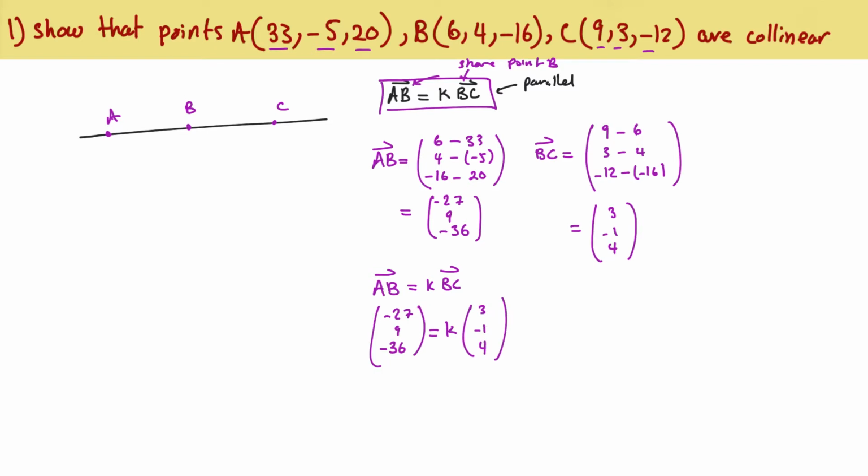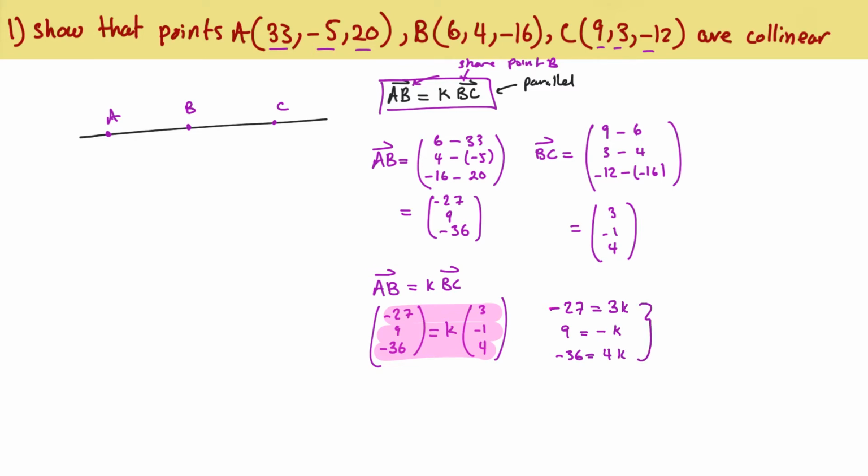Well, this means we're going to have to compare their x components, their y components, and the z components. So for the x component, I got negative 27 is equal to 3k. And then I have 9 is equal to negative k. And then I have negative 36 is equal to 4k.